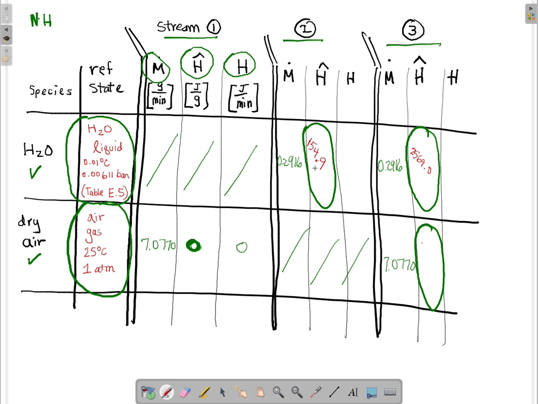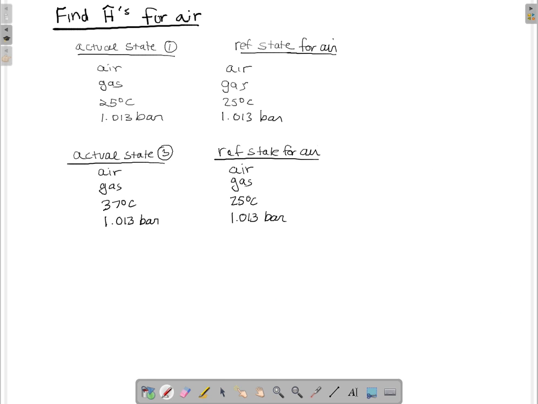So the last thing we need to figure out is the specific enthalpy of air in stream 3. Again, using the same approach. First of all, I've already mentioned that the actual state of stream 1 is air as a gas at 25 degrees, 1.013 bar, and that, by definition, is the reference state. That's how I set it up.